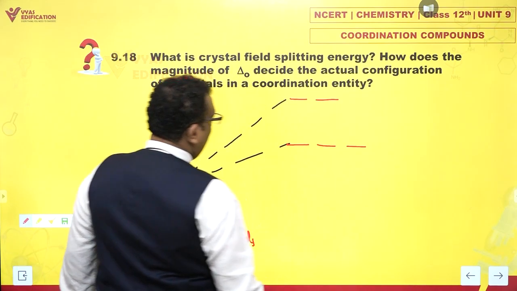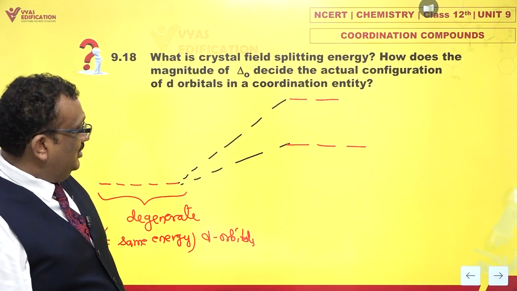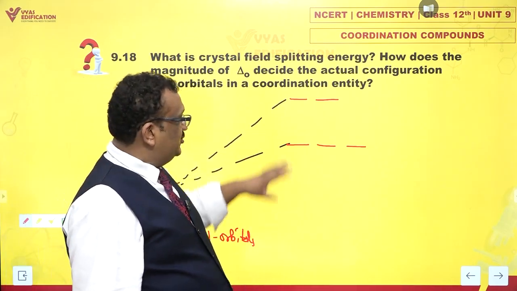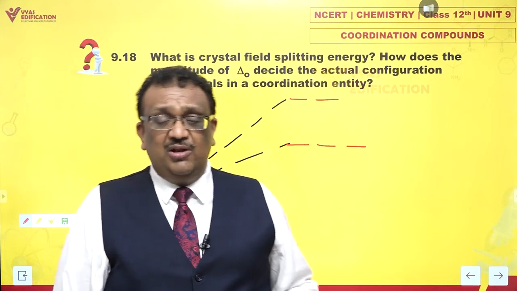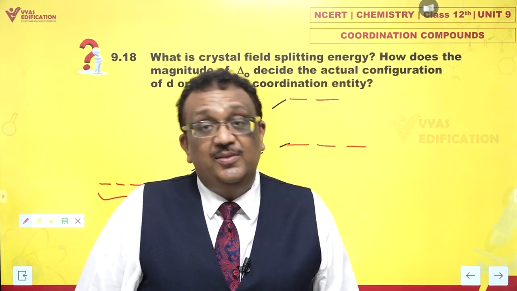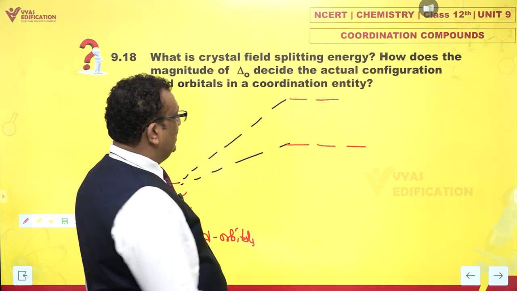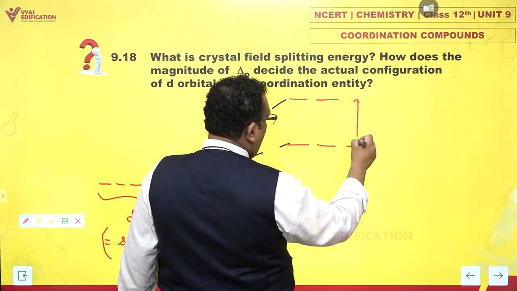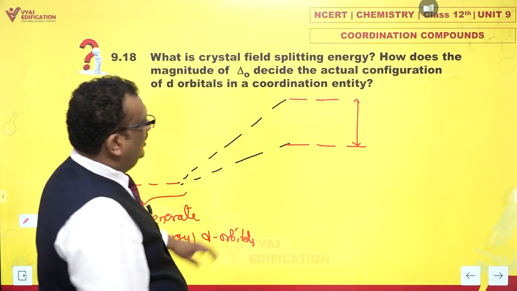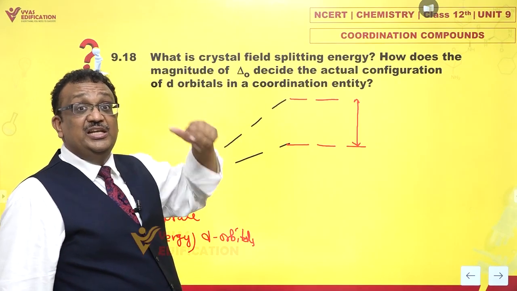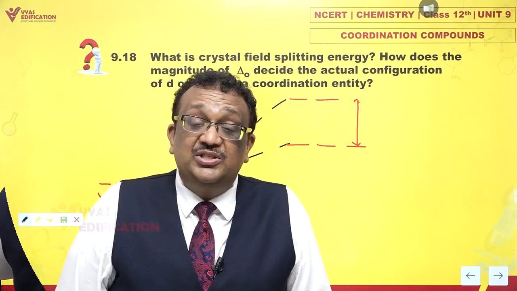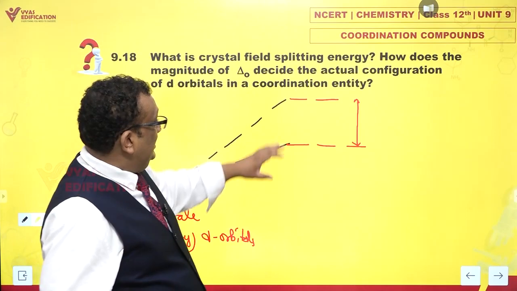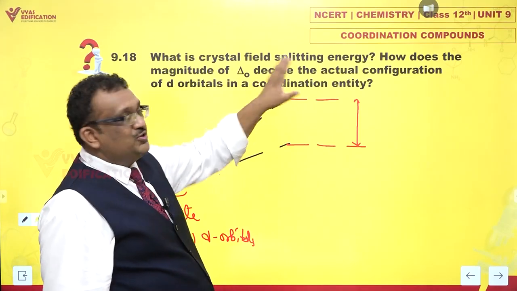For example, in the case of an octahedral field, there is an energy gap and they split like this. In tetrahedral, the splitting may be different, but again, there is an energy gap. So what is essential is that an energy gap appears between different d orbitals which initially were degenerate. And this destruction of degeneracy is called crystal field splitting.